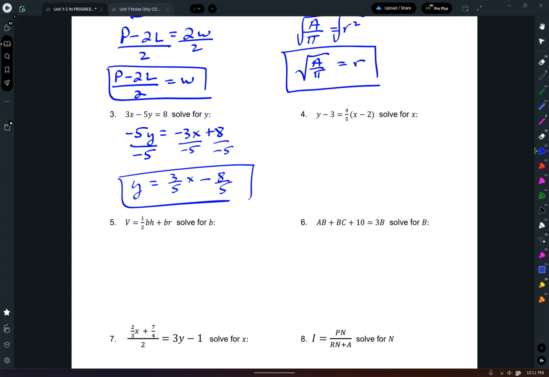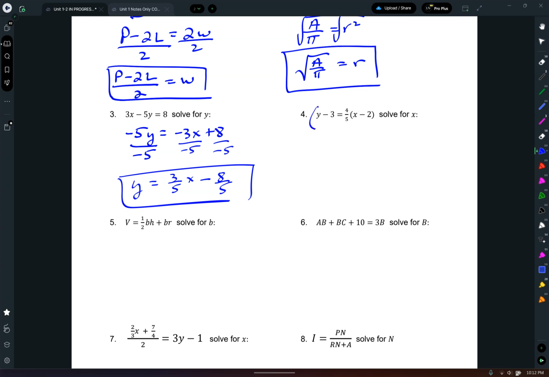Okay, number 4, I'm going to solve for x. So be careful. A lot of people, I think, are going to start by distributing the 4/5. And there's nothing wrong with that. But if you do, you're going to have that 8/5 in there. And I don't know, I mean, it's fine, I guess. I think what I would rather do is from the very beginning, why don't I multiply both sides by 5/4? Won't that immediately get rid of that 4/5?